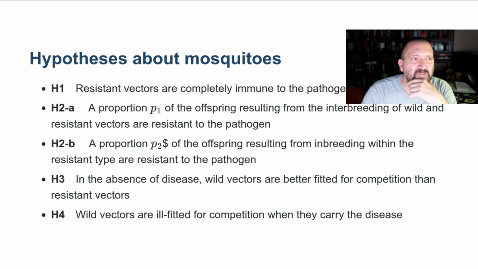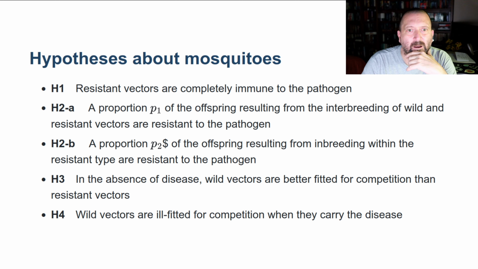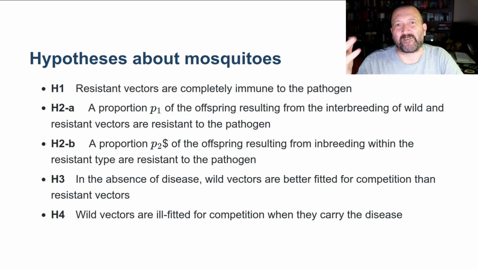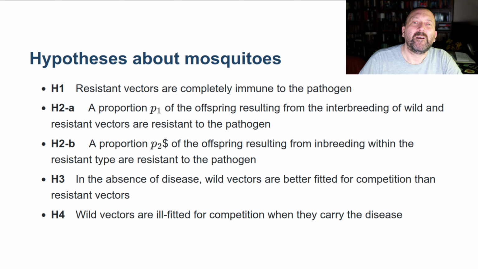The hypotheses we make about the populations of mosquitoes are, first of all, that resistant vectors are completely immune to the pathogen. So they don't get infected, they don't propagate the infection. Well, they get infected, but the parasite cannot develop in them, so they don't propagate.